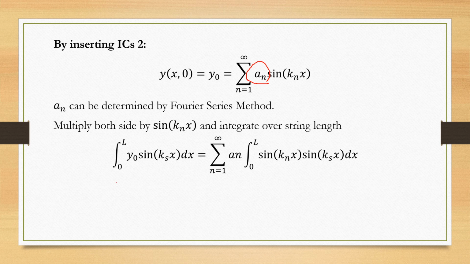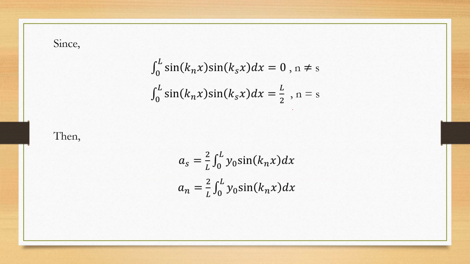So we need to integrate both sides. If n is not equal to s, this equation will be 0, and if n is equal to s, it will be L over 2.